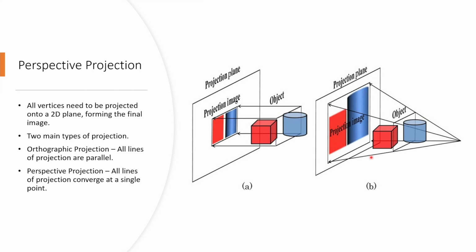Now, perspective projection has all of the lines of projection converging to a single point, and this gives you a more human, for lack of a better term, view of the scene. It gives you a better depth perspective, a wider field of view, which is the total area of the scene that you can see.